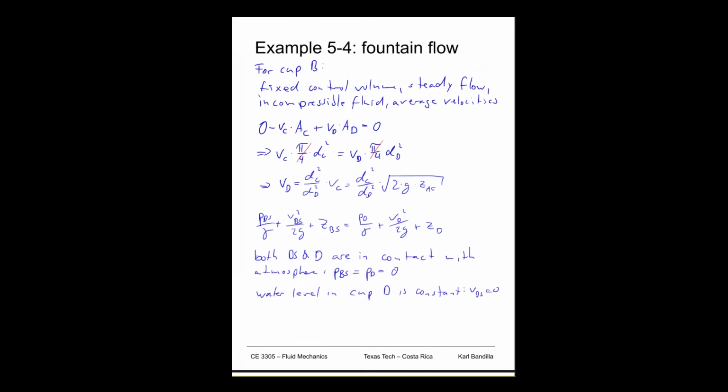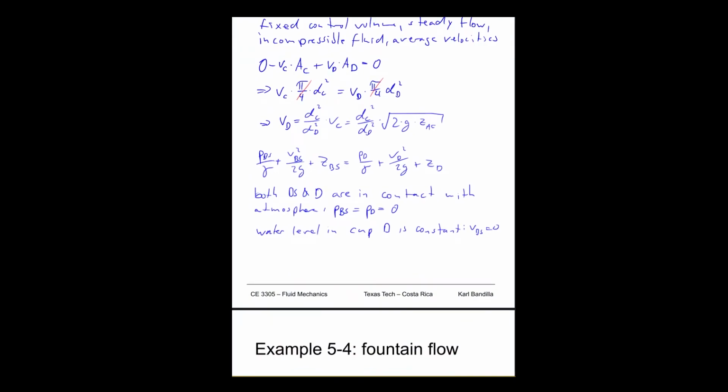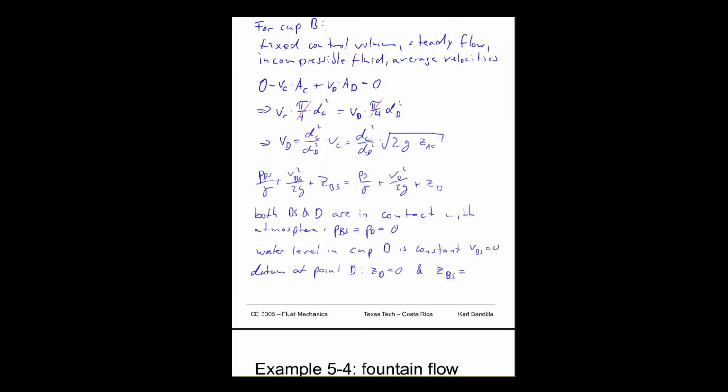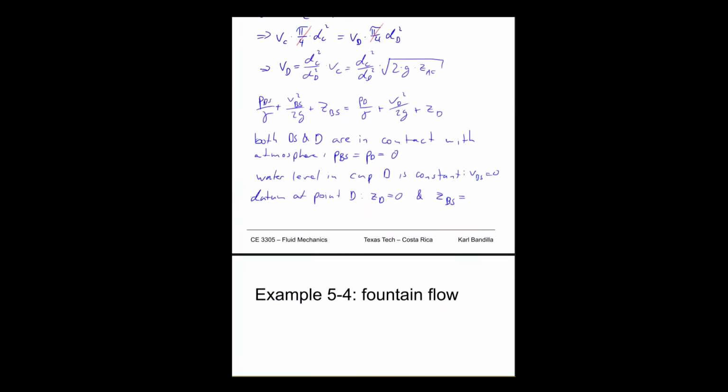We'll set the datum at the bottom of the cup, at point D. And finally we got our H into this. So my ZD is equal to 0 and my ZBS is then equal to H. If we look up here, this is our datum, then the height there is just H.